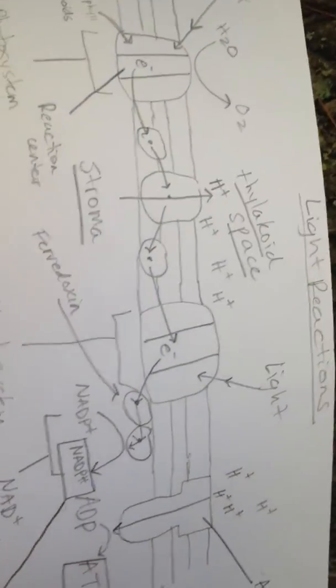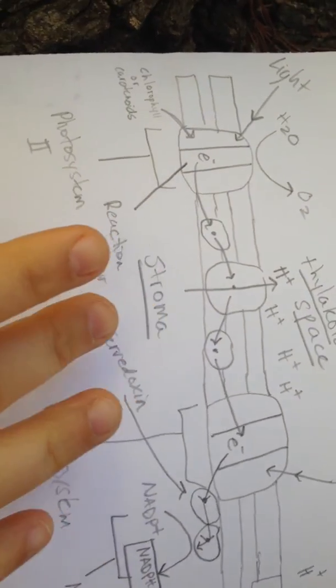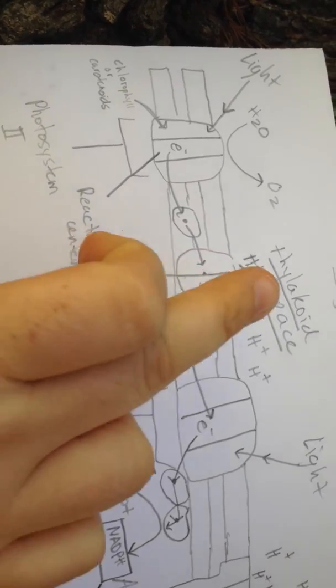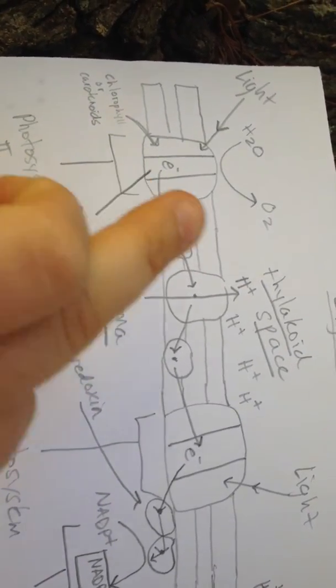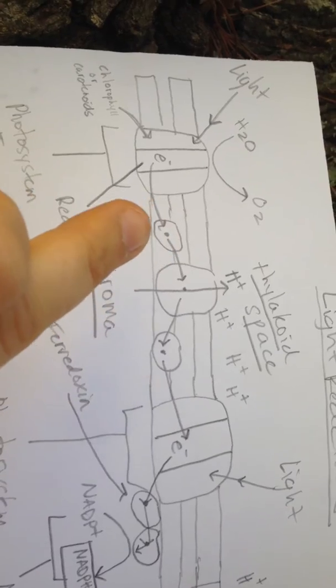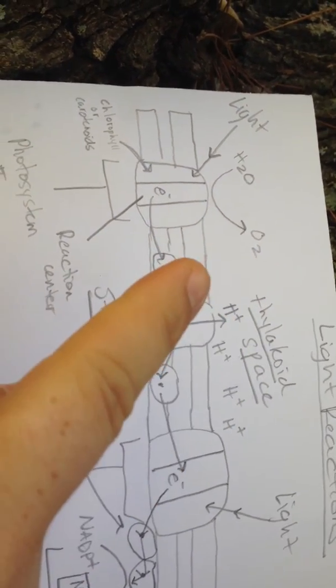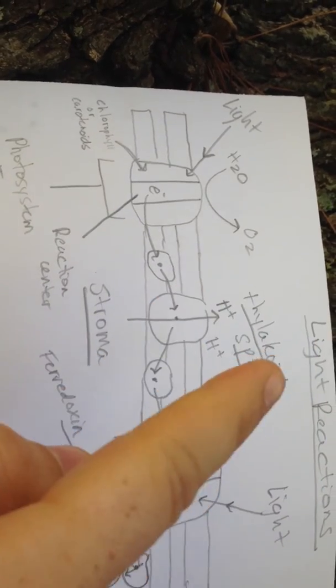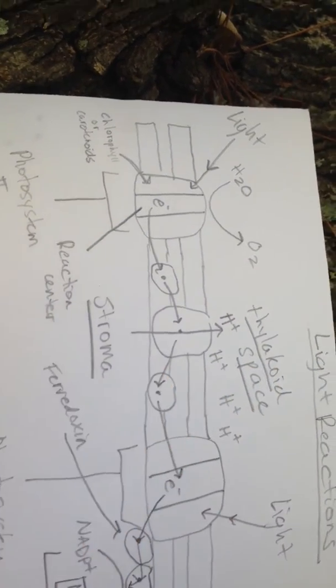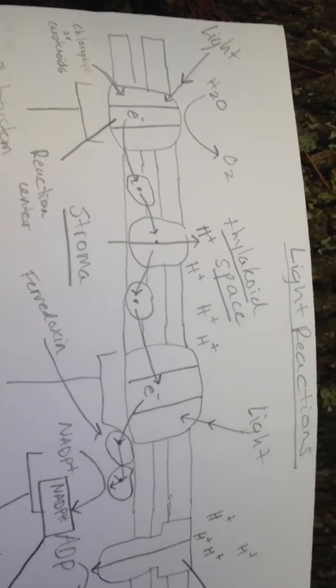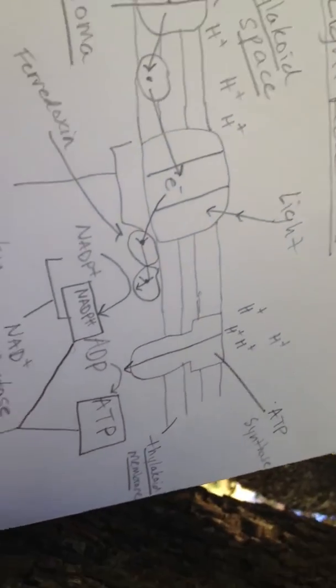The reason for that is so these hydrogen molecules can cross over when the electron transport chain goes through these proteins. They'll cross over to make this thylakoid space more concentrated with those hydrogen molecules. And we'll see why right here.